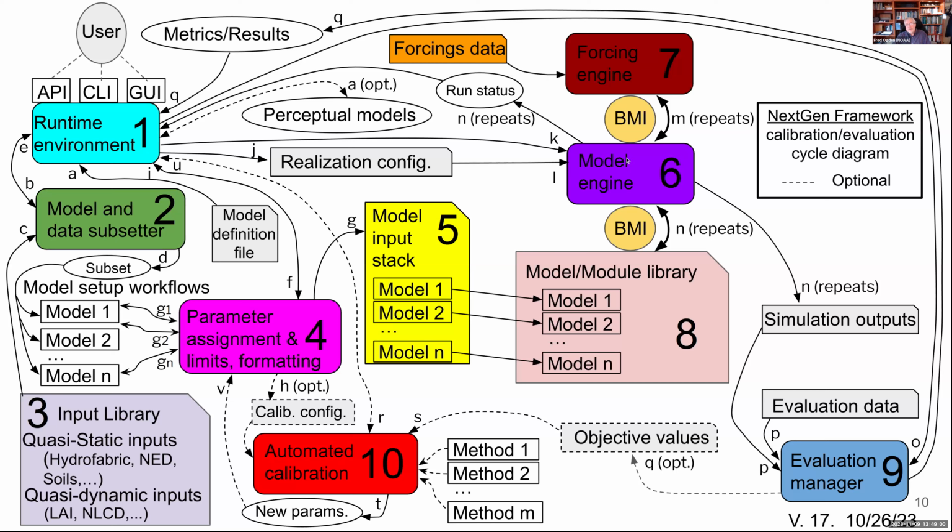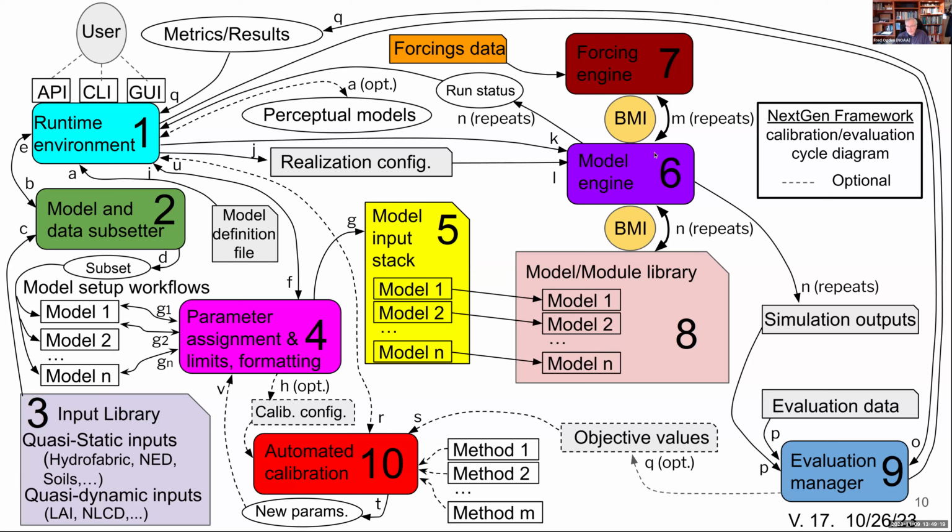The model engine uses the BMI interface to interact with the forcing engine, which is a piece of code that knows how to read forcings data of some format and provide space-time resampling as necessary for the given models, and passes them back to the model engine.